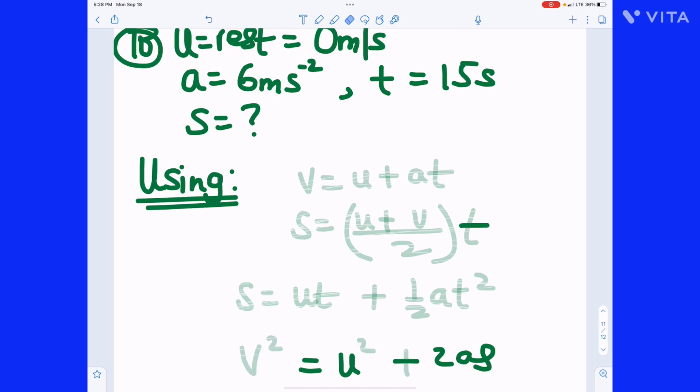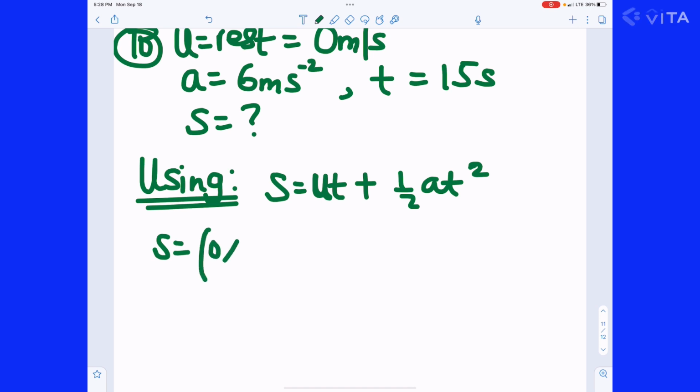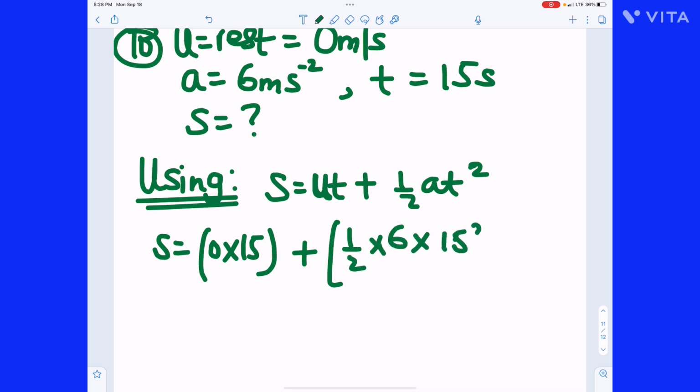So let's take that now and use it to answer the question. We are looking for S. Using S is UT plus half AT squared, S will be 0 times 15 plus half times 6 times 15 squared.